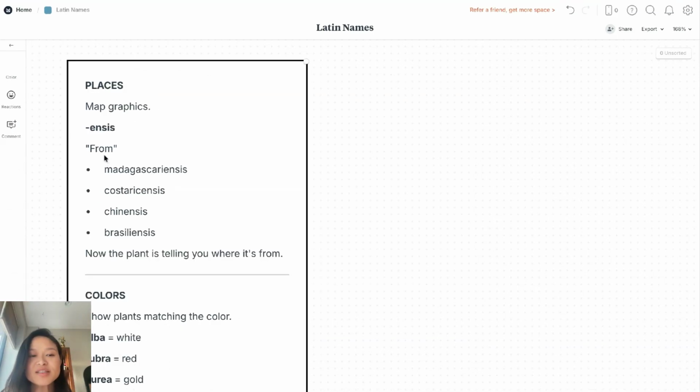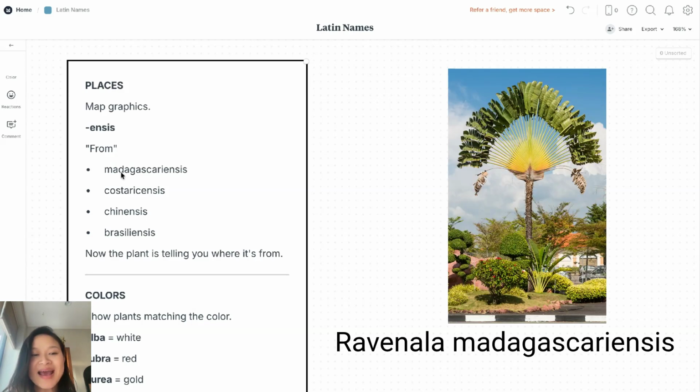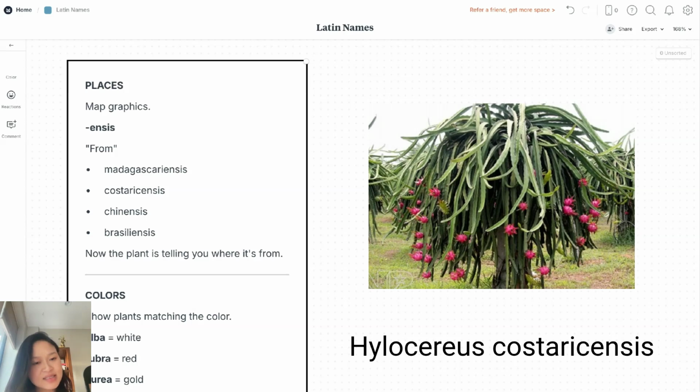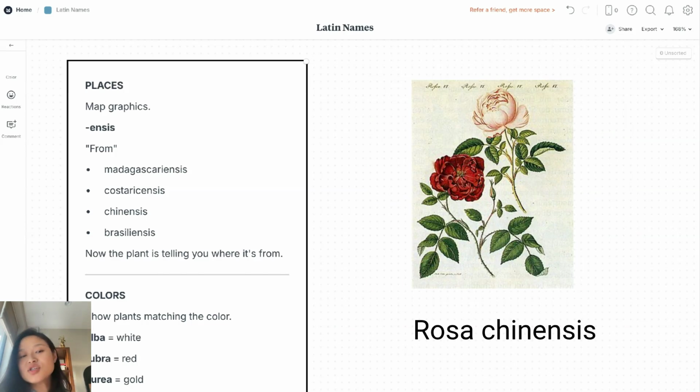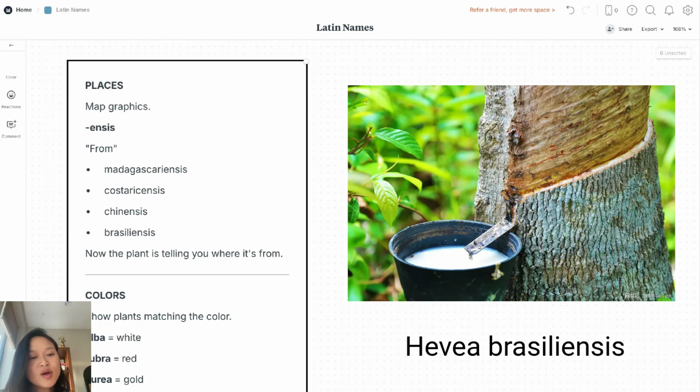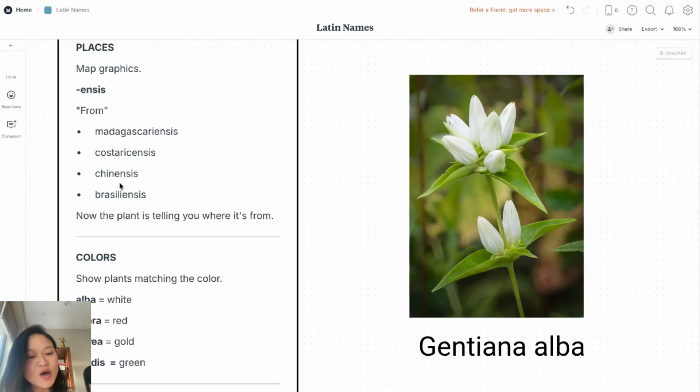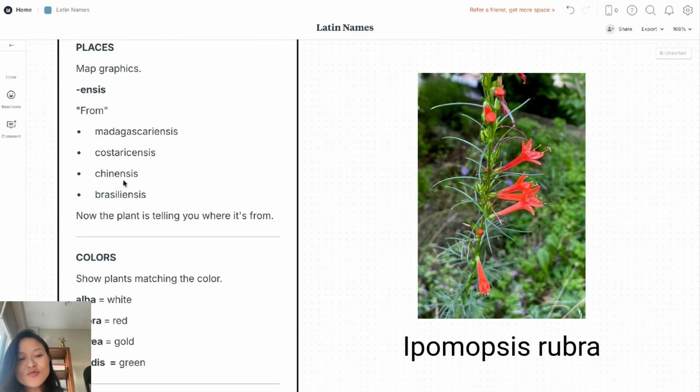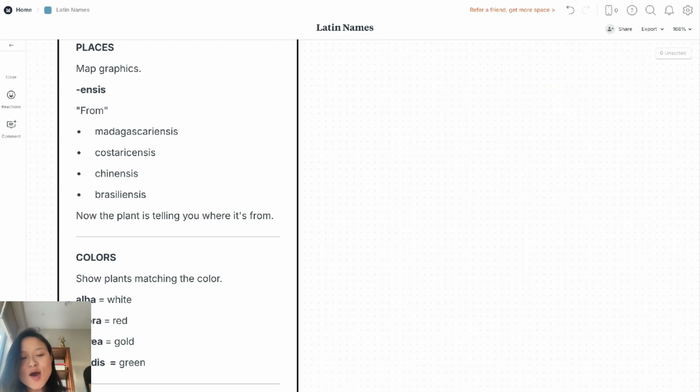Ensis means from. Madagascariensis means it's from Madagascar. Costaricensis, from Costa Rica. Chinensis, from China. Brasiliensis, from Brazil. Colors: alba, white. Rubra, red.